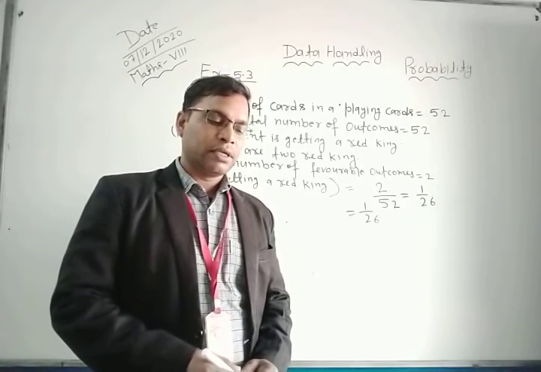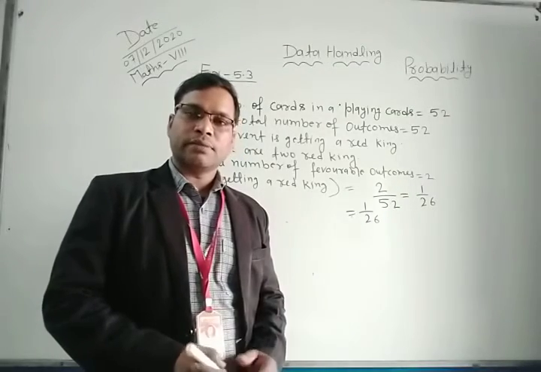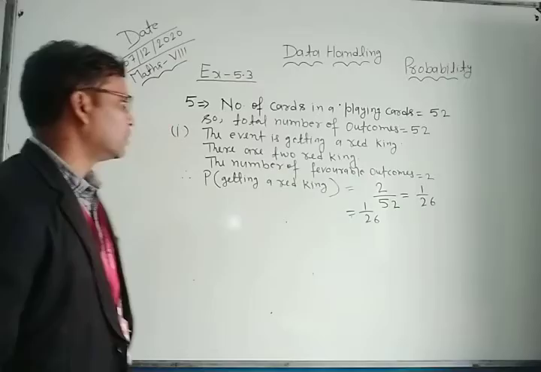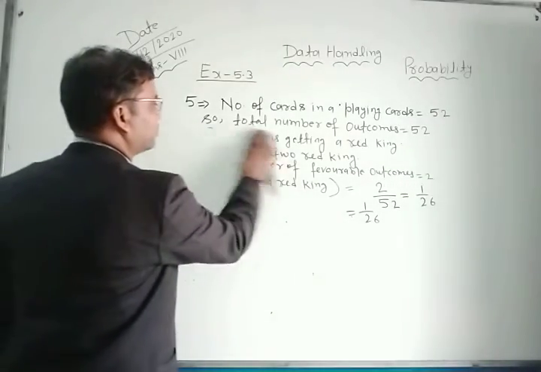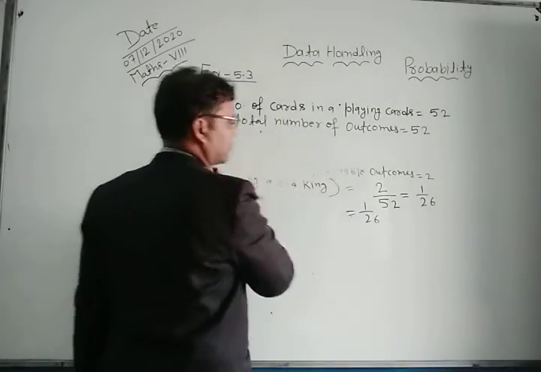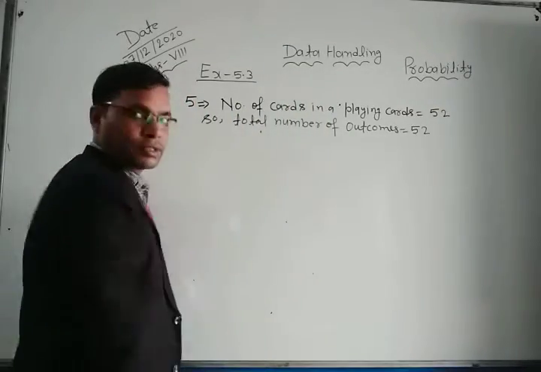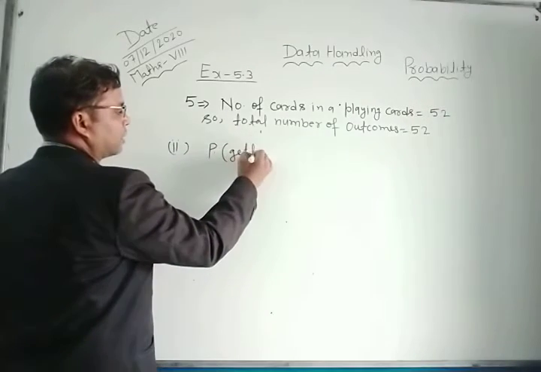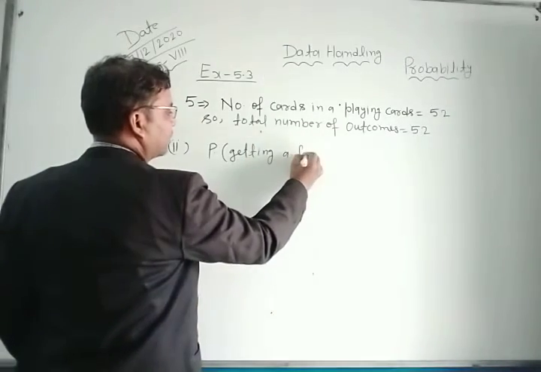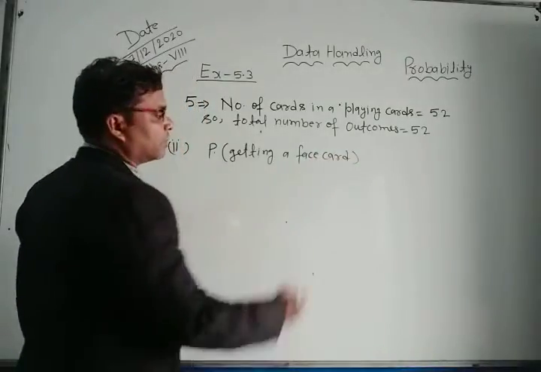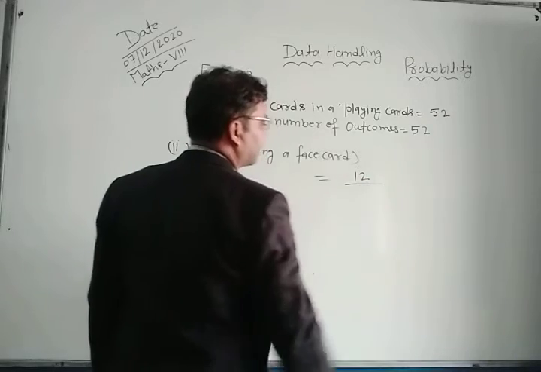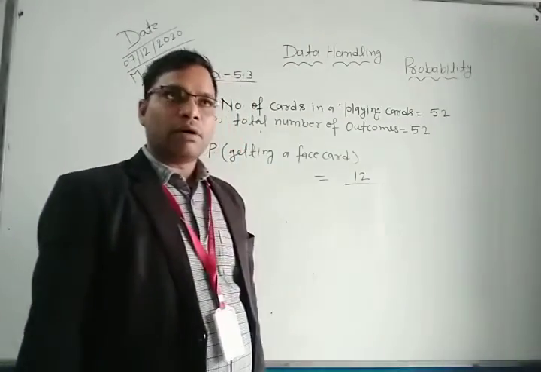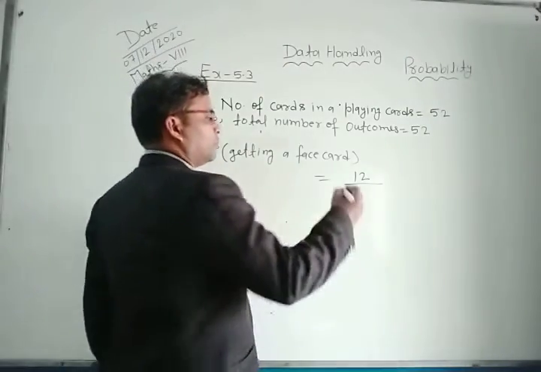There are 12 face cards, which are 4 kings, 4 queens and 4 jacks. So the number of favorable outcomes is 12 and the total is 52.